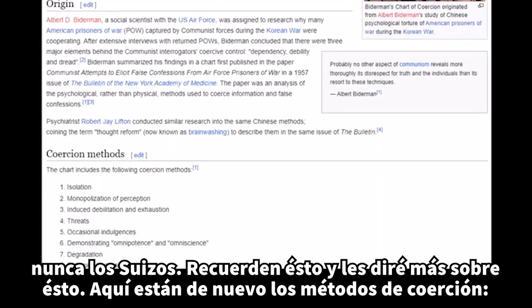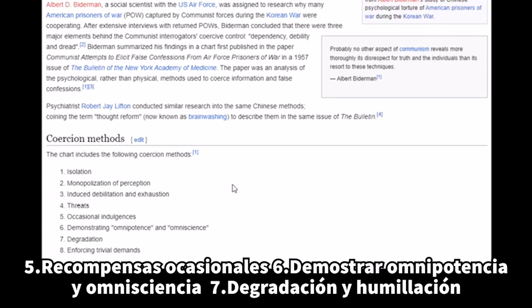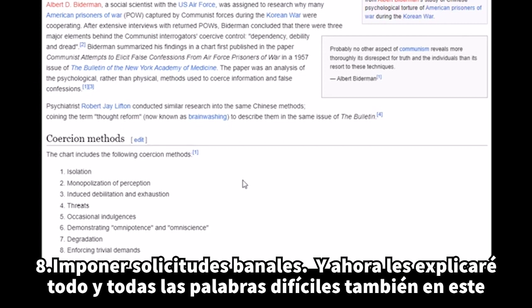So again, here are the coercion methods. 1. Isolation. 2. Monopolization of perception. 3. Induced debilitation and exhaustion. 4. Threats. 5. Occasional indulgences. 6. Demonstrating omnipotence and omniscience. 7. Degradation. 8. Enforcing trivial demands.